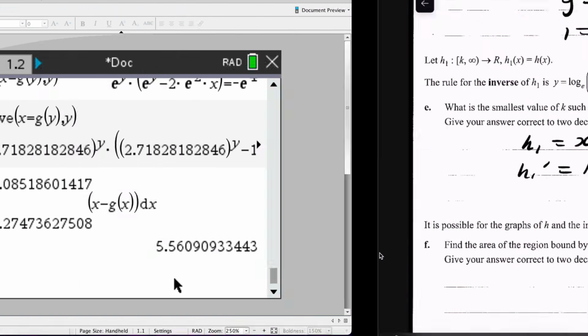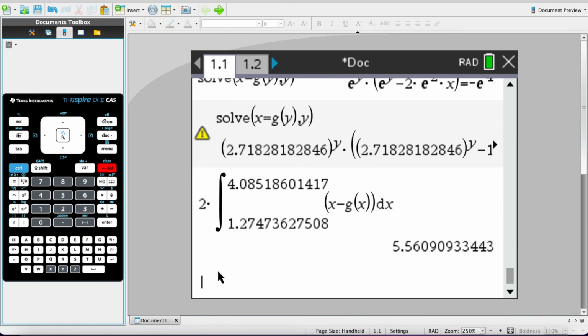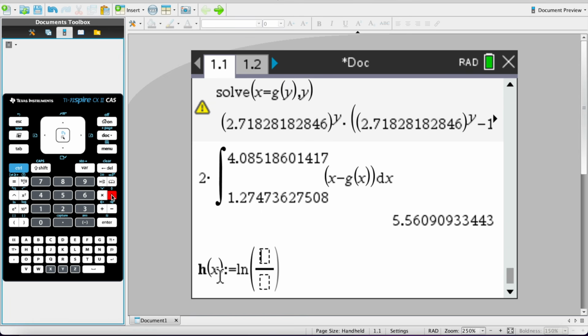Let me see. So I'm going to define h of x again, and that is ln of k over 2 times x plus 1/2 times the square root of k squared times x squared minus 4, plus k.